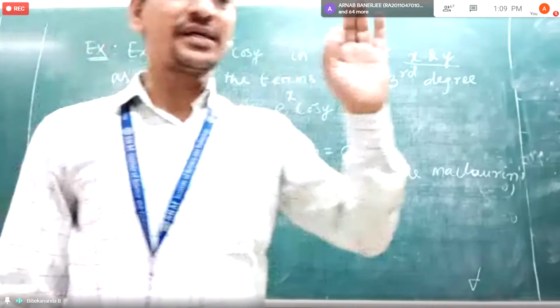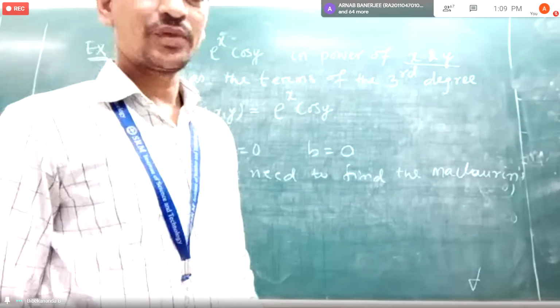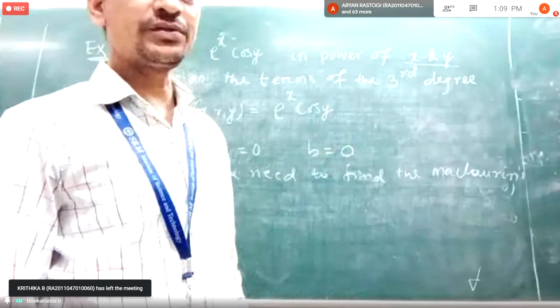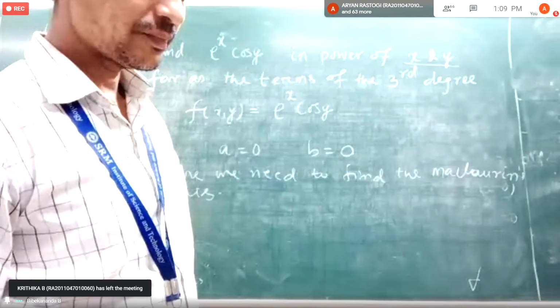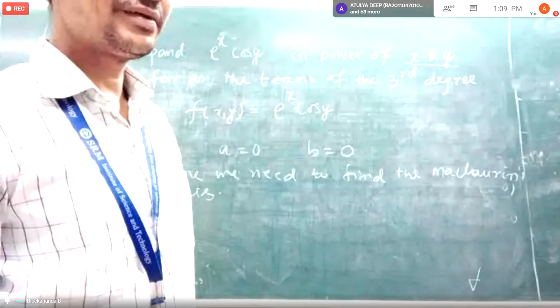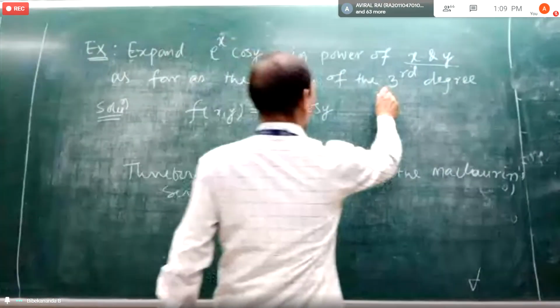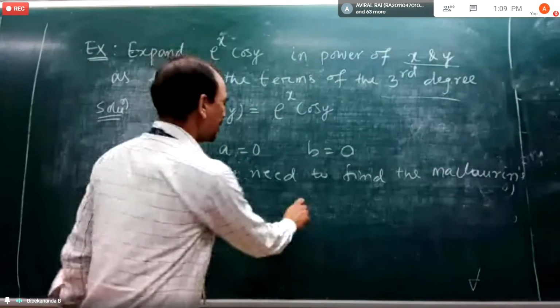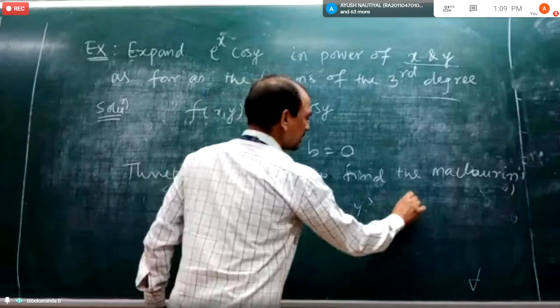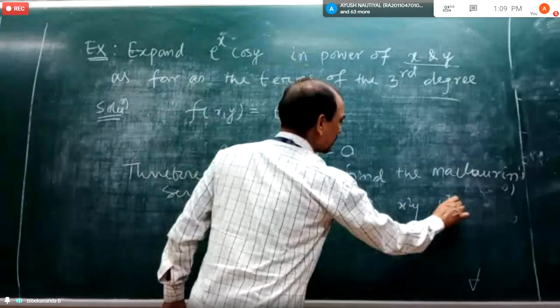Then what is the next information given in the question? Up to what term will we evaluate it? Third degree. Up to third degree means it may be x cube, or y cube, or x square y, or y square x.